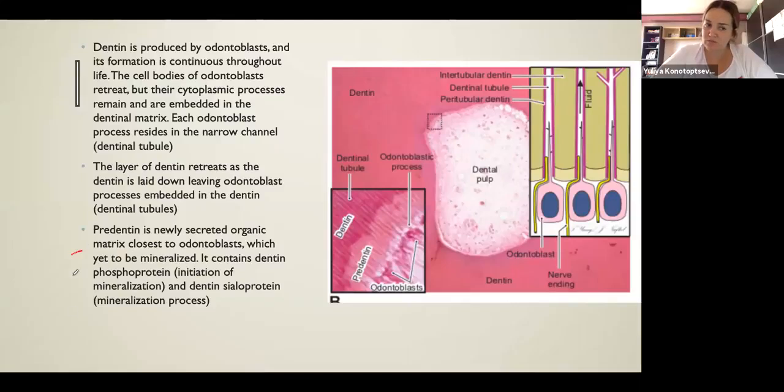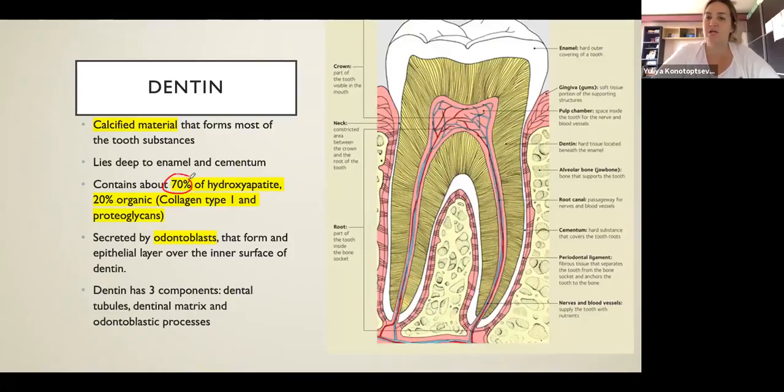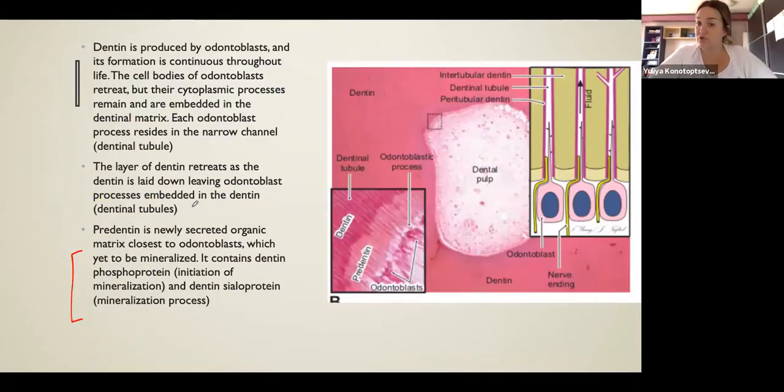Have we talked about this part? There, in addition to the collagen type 1, because this is the organic part of the predentin and dentin, right? You remember that dentin is approximately 70% hydroxyapatite crystals and 20% is organic, to be more specific, the collagen type 1. So in addition to collagen type 1, there are other two organic proteins present in the predentin and dentin.